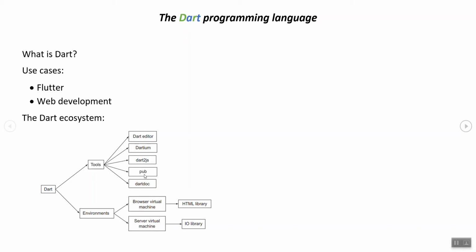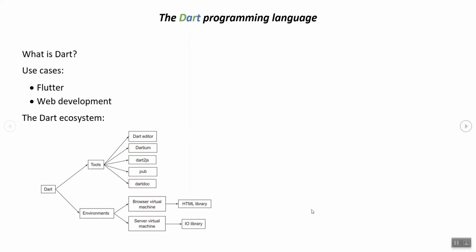The next tool is Pub. Pub is the package manager for the Dart programming language, like npm for JavaScript and Node.js, like Maven for Java, and other such tools for programming languages.